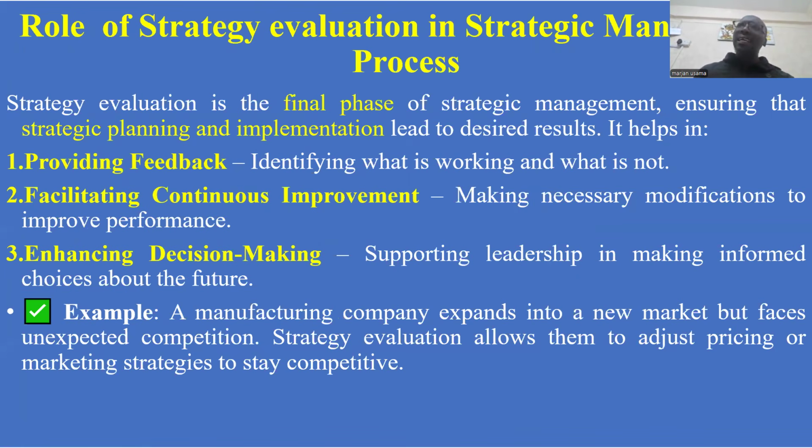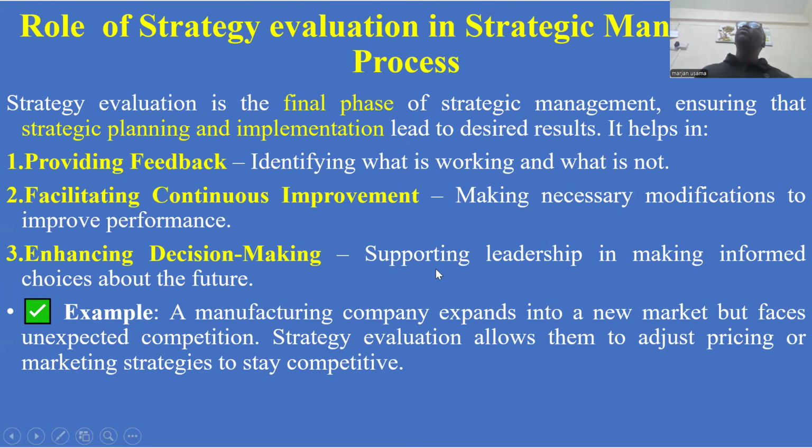We have achieved the objectives. So it helps in providing feedback, identifying what is working and what is not working. Number two, facilitating continuous improvement, making necessary modification to improve performance. Then lastly, enhancing decision making.